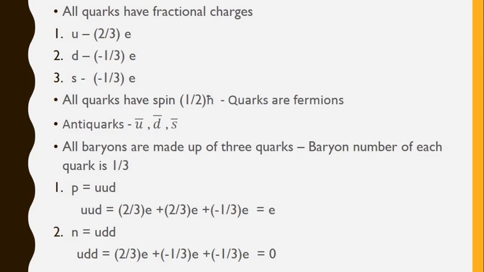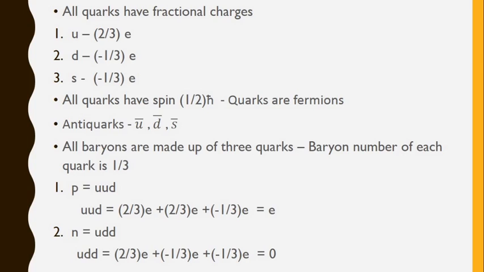Now what about the spin of the quarks? All quarks have half integral spin, that is, spin value 1 by 2 h cut. We studied in the last class that particles having half integral spin are called fermions. So we can say that quarks are fermions.